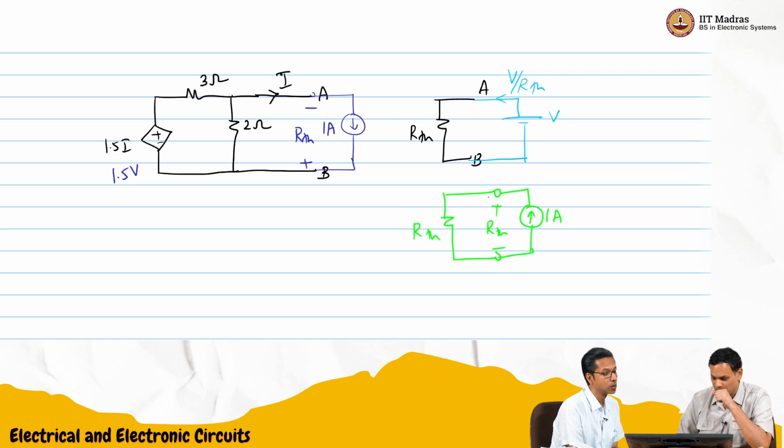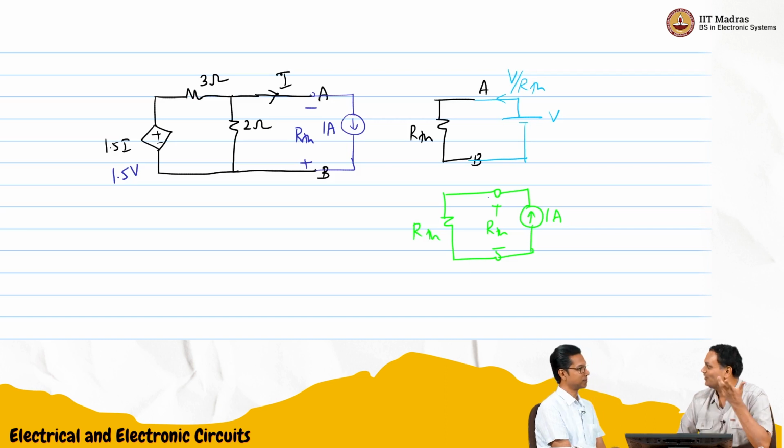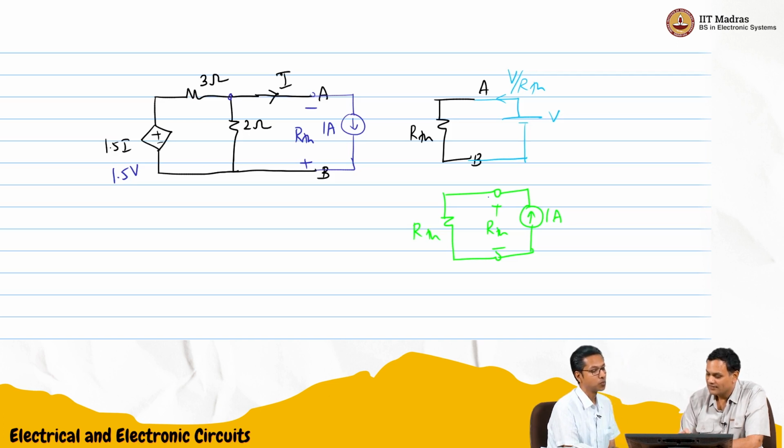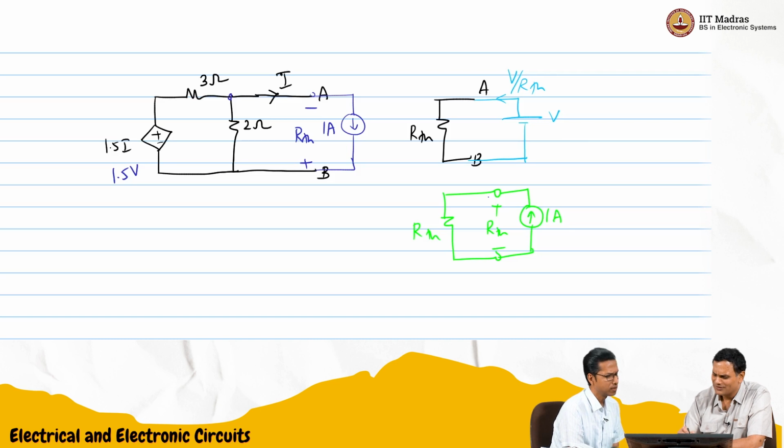Or do we really need to? It's too simple, nodal is also fine. So let us say B is the reference. How do we want to do it? B can also be the reference.